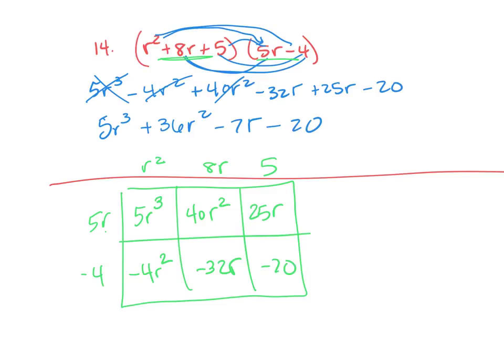And then you add like terms again. So it's 5r cubed. He's gone. These two can be added, and that's plus 36r squared. These two can be added, minus 7r and minus 20. Same thing.